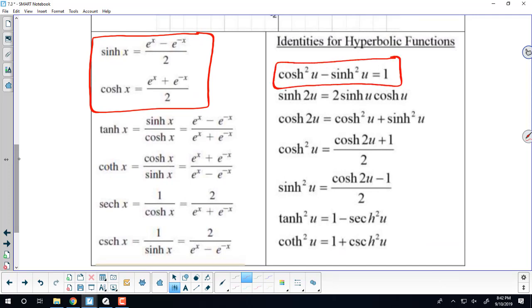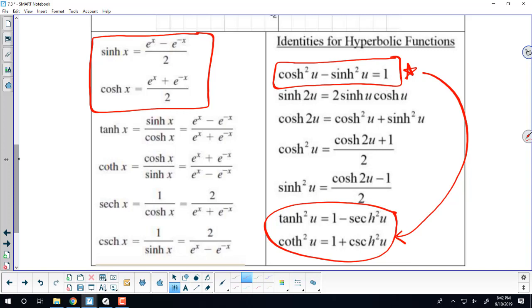That's the most fundamental identity to the hyperbolic trig functions. But with this identity, just like with the circular trig functions, we get these two identities. Those two identities circled are immediate from the fundamental identity. And honestly, you should know the reciprocals too, because they're the same as the reciprocals in the circular setting.